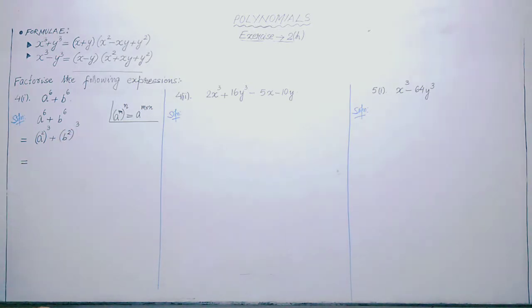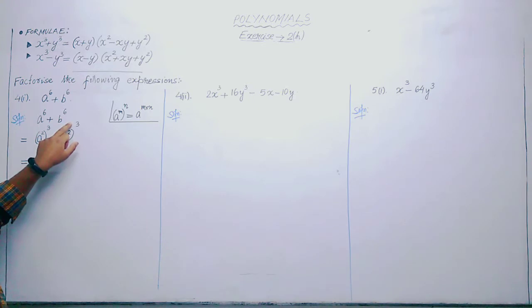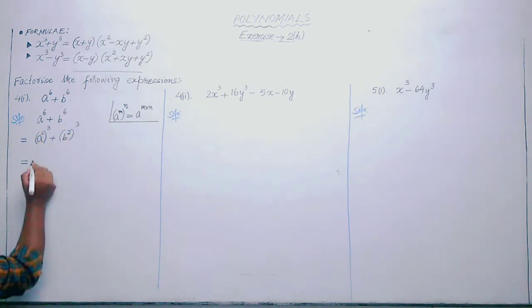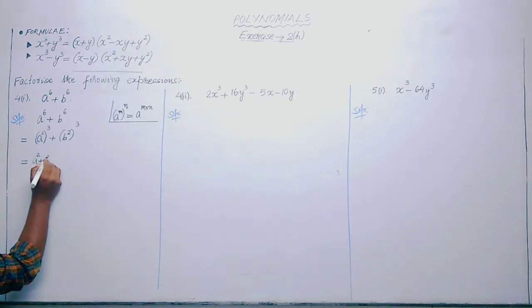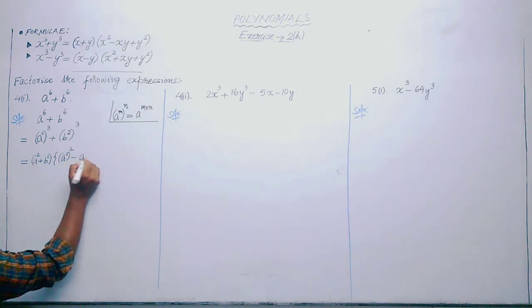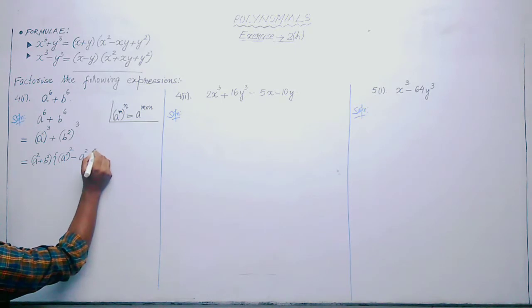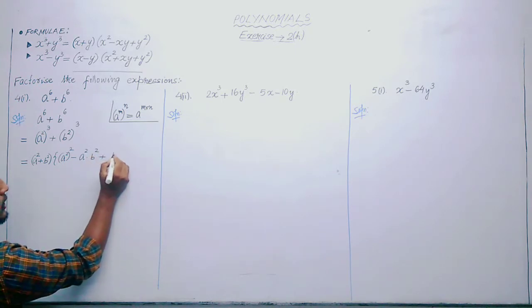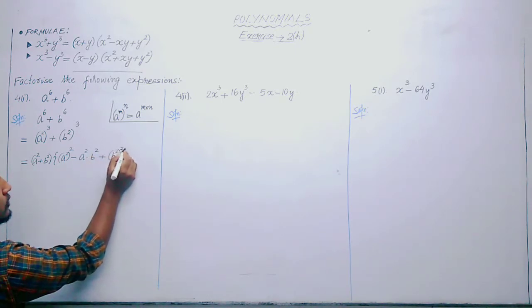Now, if you look at it carefully, this a square will behave as x, b square will behave as y. Now, you have x cube plus y cube will give you x plus y, x square minus x into y plus y square.